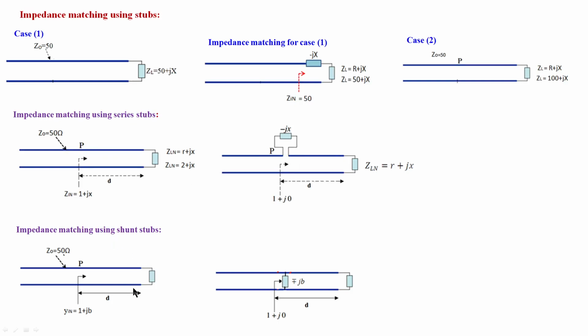Otherwise, go on moving, find a position at which admittance is in the form 1 plus jb, and connect the opposite susceptance in shunt, in parallel, like this.